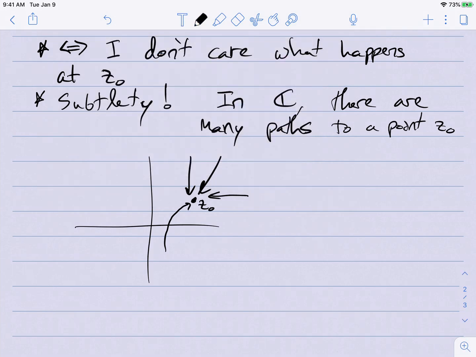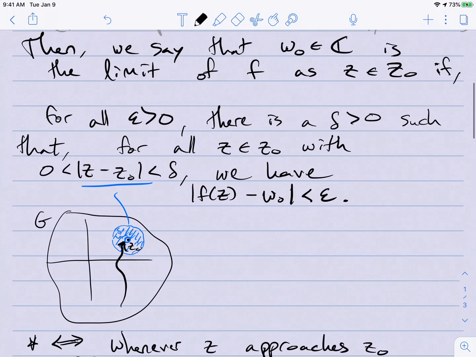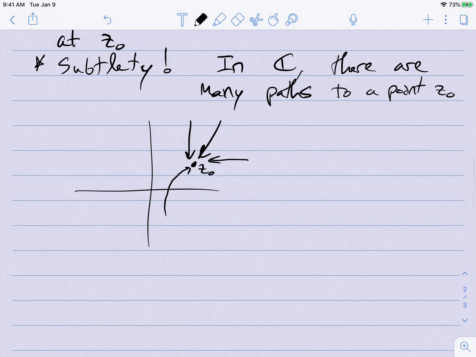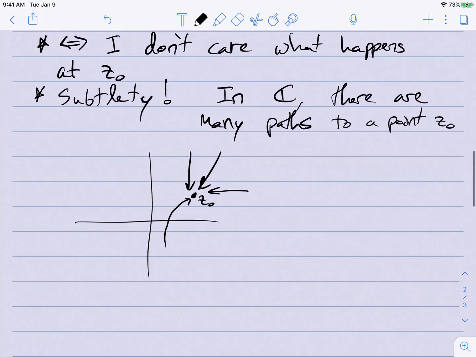And what that means is it makes the definition of a limit quite more subtle, because basically what this is saying is that f of z has to approach w naught no matter which path is taken. And so that's a much stronger condition than in real analysis, and it already leads to some new things.